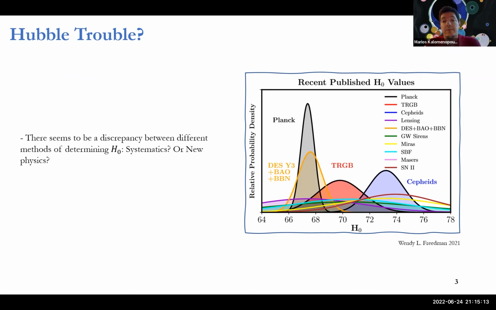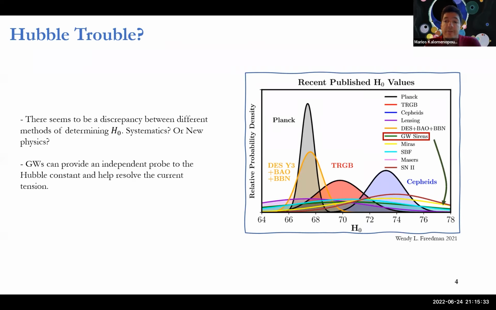And of course, we need to find if this is something that lies in systematics in the observations or it involves some new physics. And of course, there are a lot of different measurements and methods that try to measure H0 in order to resolve this tension. Of course, gravitational wave observation is one of them.